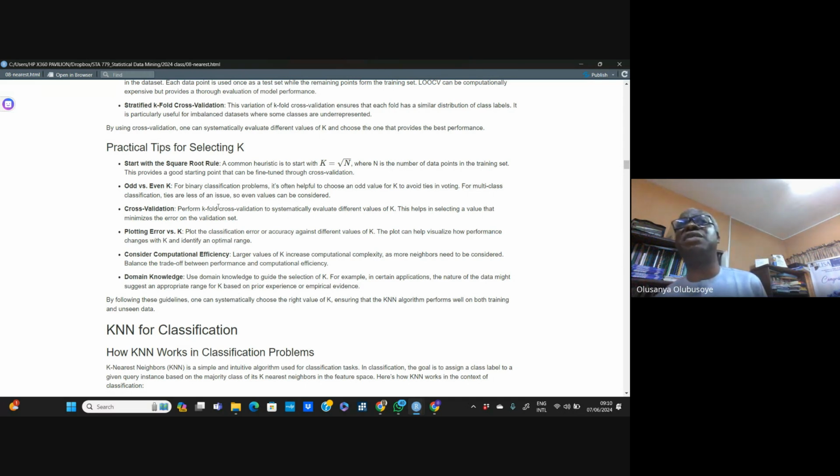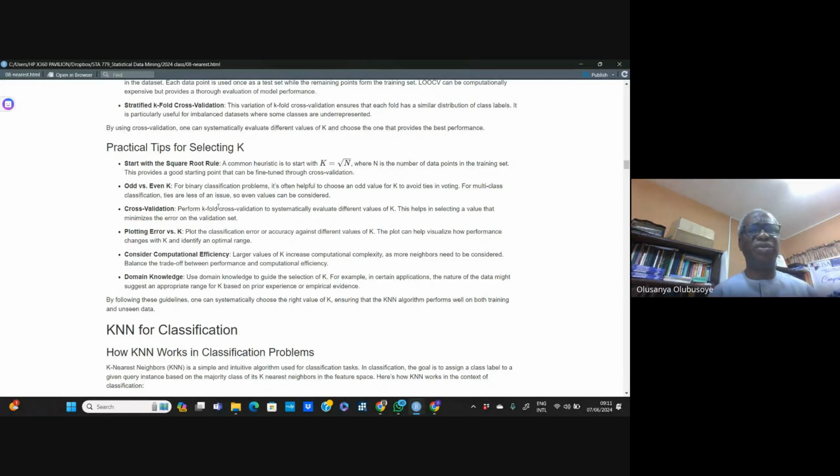So if you have 1,000 data points, just take the square root of that number and approximate it to the nearest whole number. Use that as your K. Some people do that as a good starting point, and then you can fine-tune it through cross-validation.